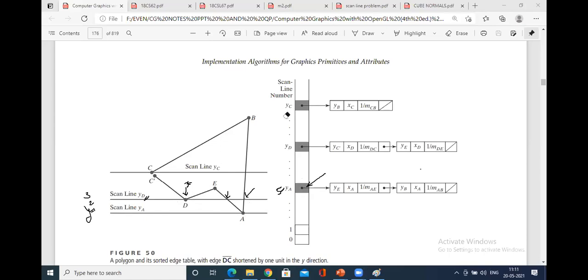I'll erase and tell you once again. What are the edges that pass through this YA? This is one edge, and this is the second edge. Clear?